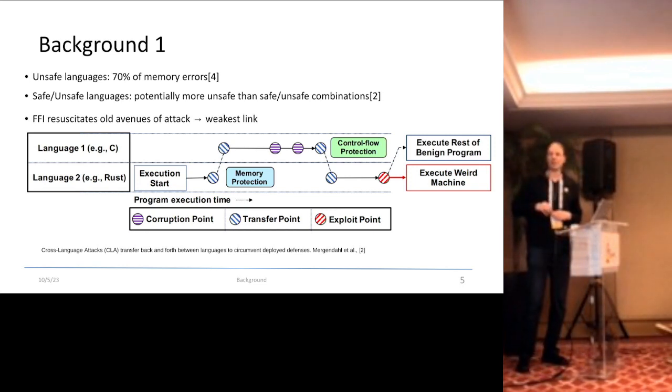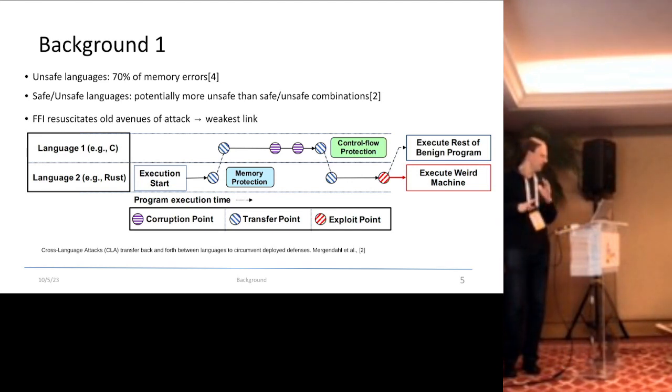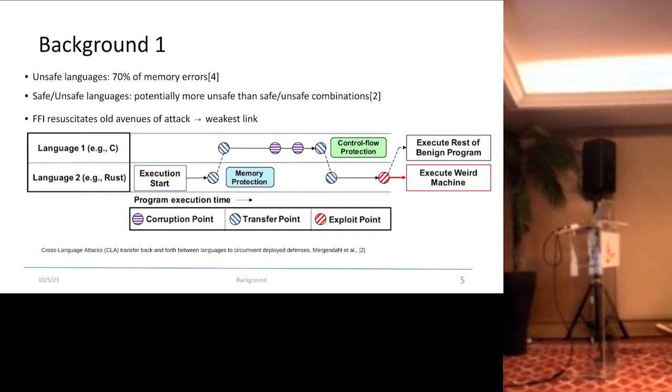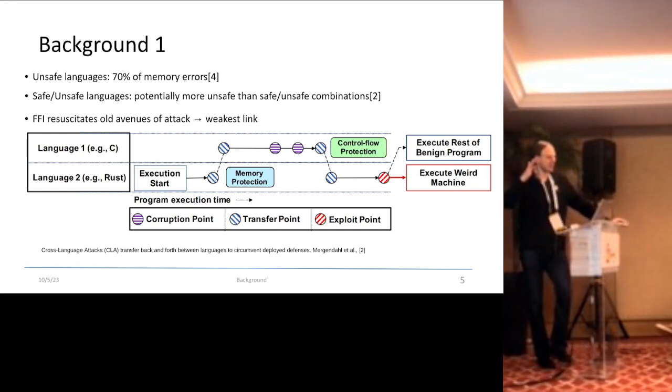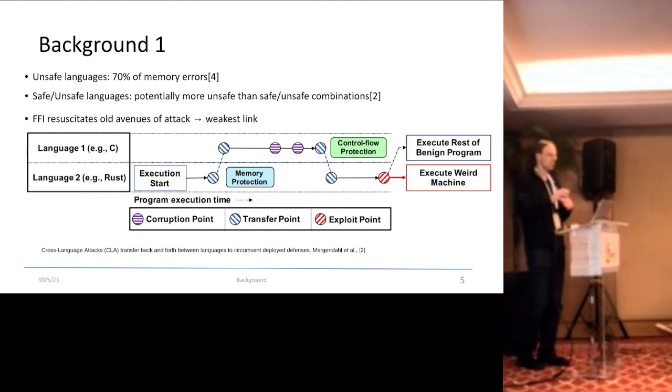So memory safety is a big problem, and using this foreign function interface brings it back, even from a safe language. So if we have the start of an execution with memory protection in Rust, we call code in C, we might lose this memory safety, and safety might get corrupted, and then if we go back, we can actually exploit this at the Rust level again, because the assumptions that the Rust compiler and runtime environment make are no longer valid at the level of C, unless you also obey this.